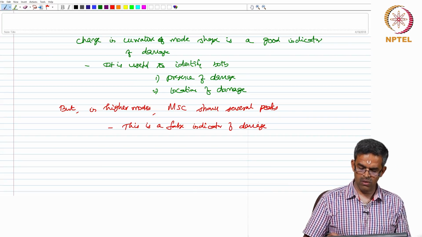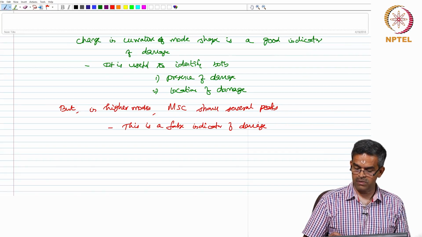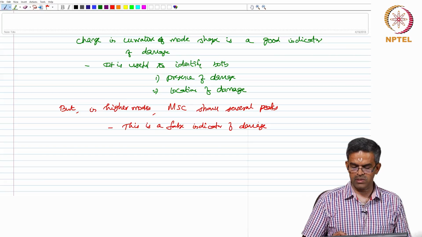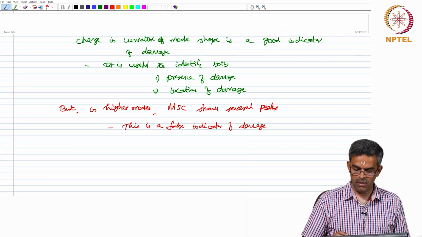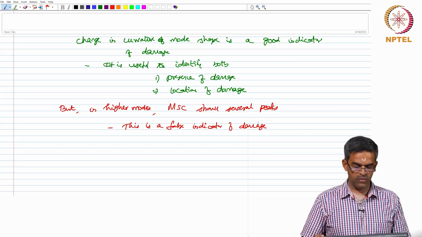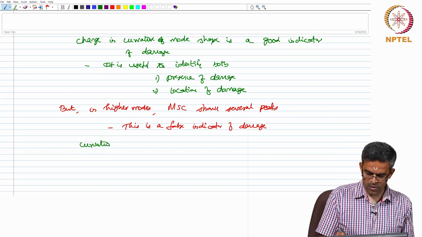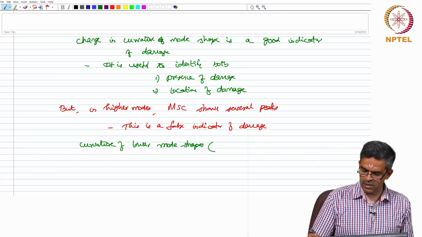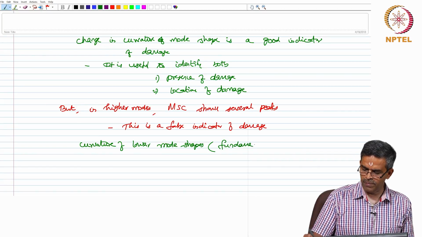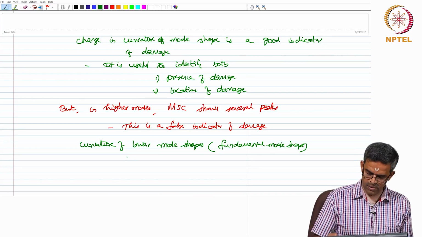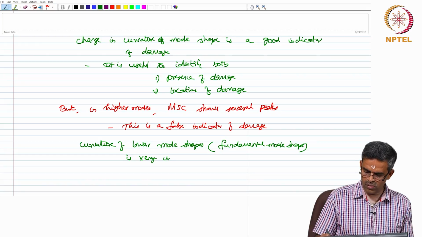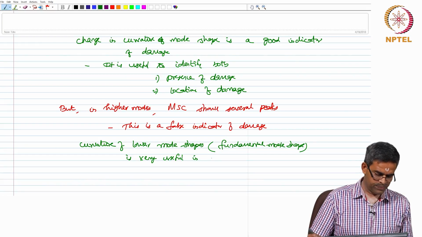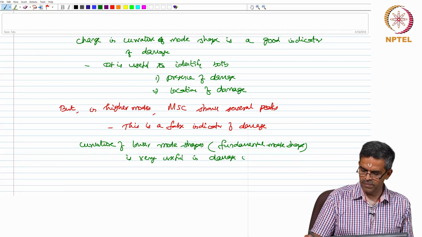So, one has to be careful when you use higher mode shapes for damage detection, when you use the second derivatives of the mode shapes by looking at the change in curvature of these mode shapes. Curvature of lower mode shapes, to be very precise, essentially the fundamental mode shape, is very useful in damage identification.